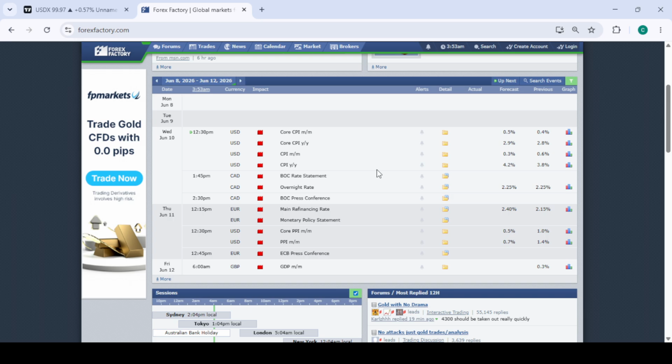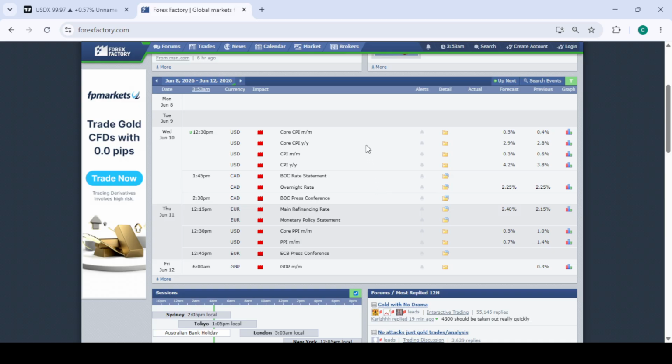On Thursday, we're going to have the Euro main refinancing rates or the monetary policy statement, and then later in the day, we're going to have the USD core PPI and also the ECB press conference after core PPI, and then on Friday we're going to have the GBP's GDP.